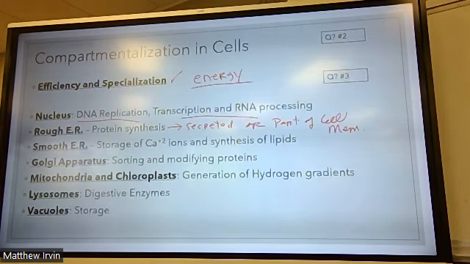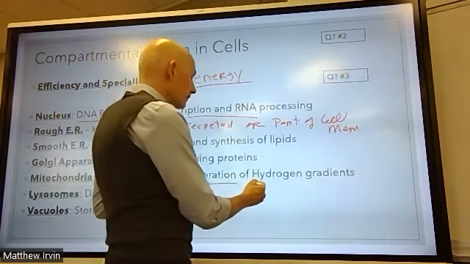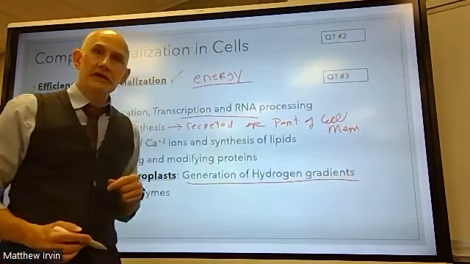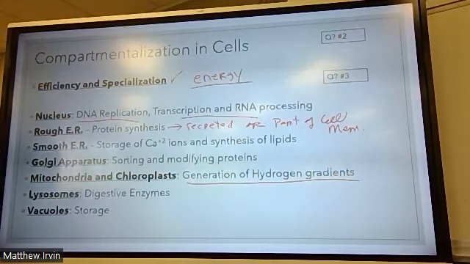Golgi apparatus, sorting and modifying. Mitochondria and chloroplast, for cell respiration and photosynthesis. But the thing in both of them that is common is that they both generate hydrogen gradients for making ATP, to help power cell functions. And then lysosomes, we talked briefly about those.